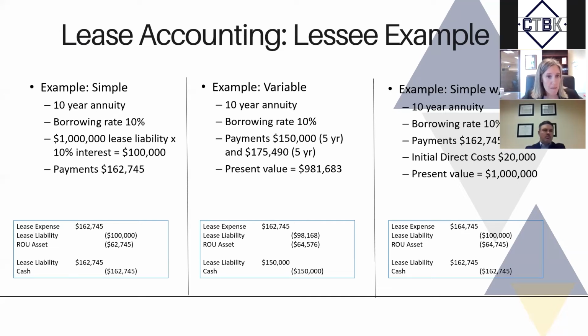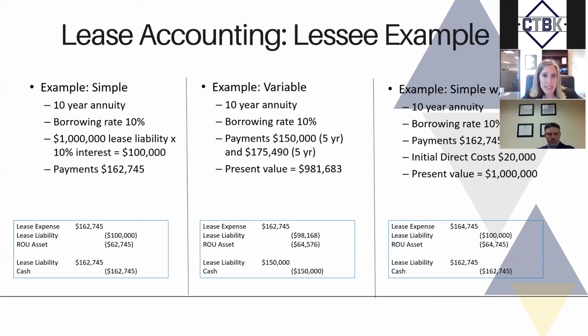My lease liability credit is essentially my $1 million lease liability times the 10% interest, so $100,000, and my right of use asset is the offset of the two. Right underneath that, you will see I made a payment at the end of the year, so I'm debiting my lease liability by $162,745 and crediting cash. Again, that's the simple example that we walked through in the first webinar.